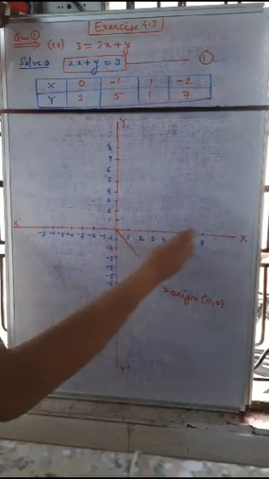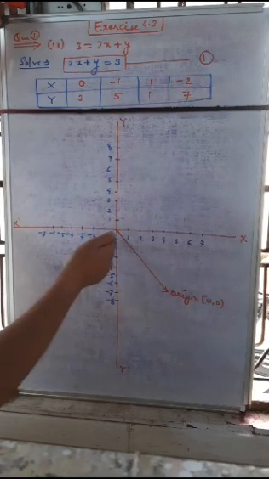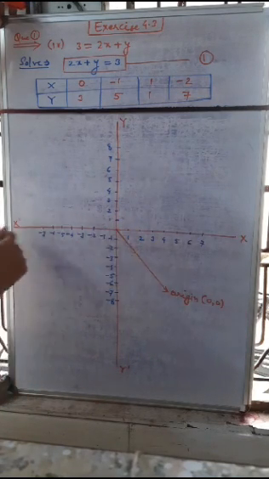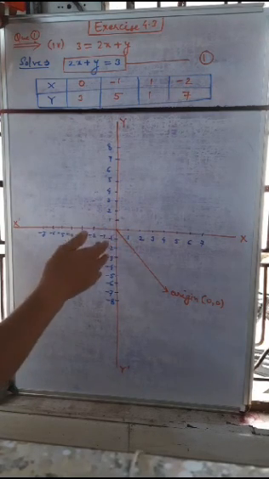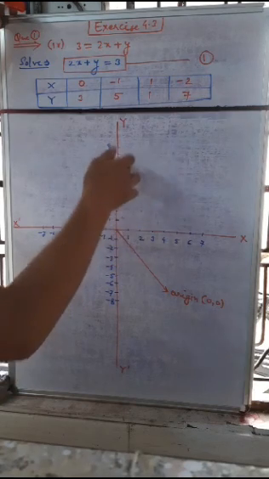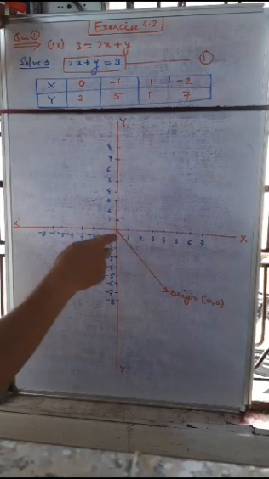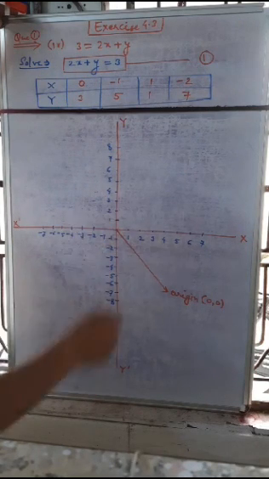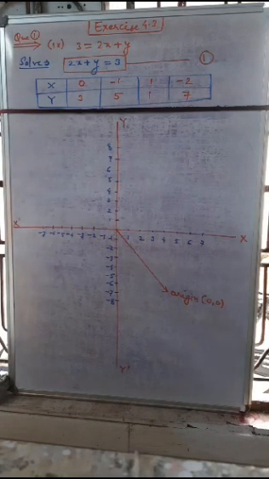If we are moving horizontally to the right hand side, we get all positive values of the x-axis, and if we are moving to the left hand side, we will get all negative values of the x coordinate. At the top we get positive values of the y coordinate, and at the bottom from the origin vertically, we will get the negative values of the y coordinate.